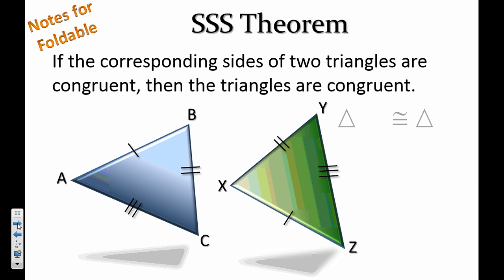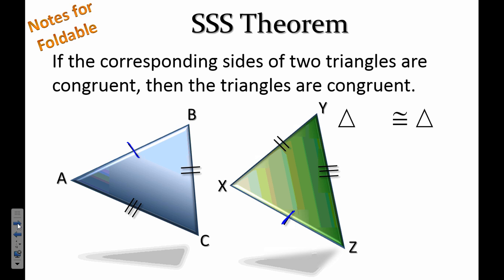So here's our image. Notice no angles are marked here. We only have sides marked. So AB is congruent to XZ. Single tick mark.